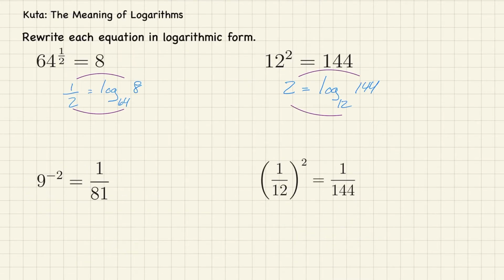Okay, now we have 9 raised to the -2 power is equal to 1/81. Same process. Our -2 is our y. Okay, so -2 is equal to the log of our argument, which is 1/81.